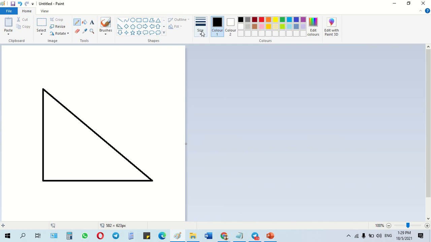Okay, and then dekat sini you have a box. Let's say kalau you tak buat apa-apa, okay, gravity dia akan downwards. Okay, and then dekat sini of course dia akan move here lah.